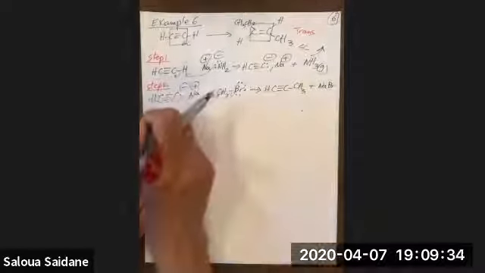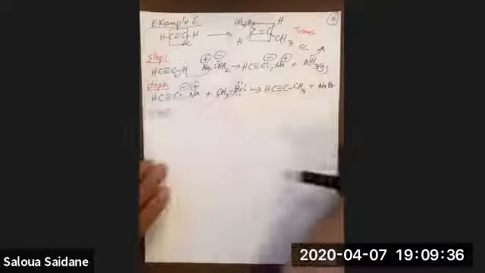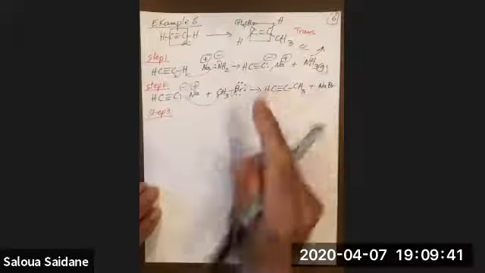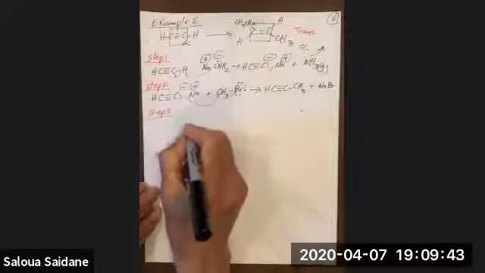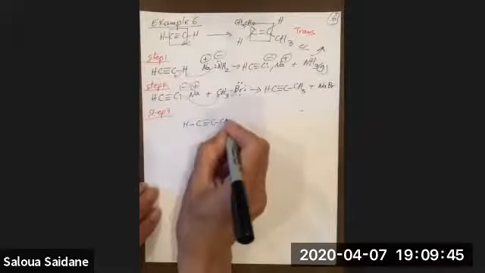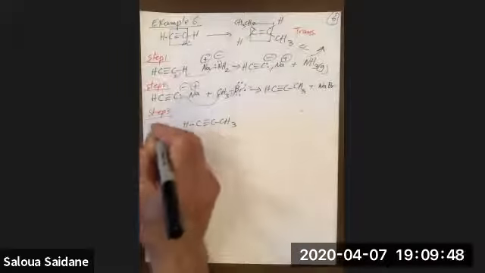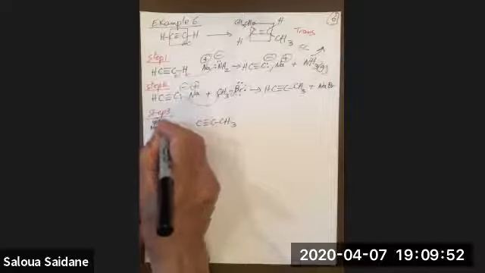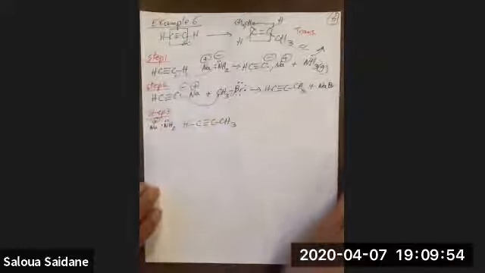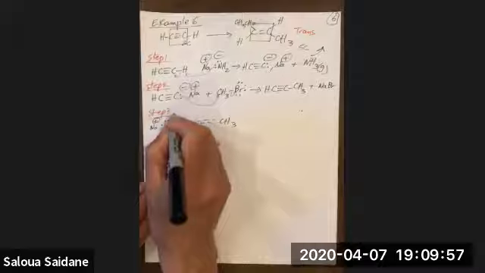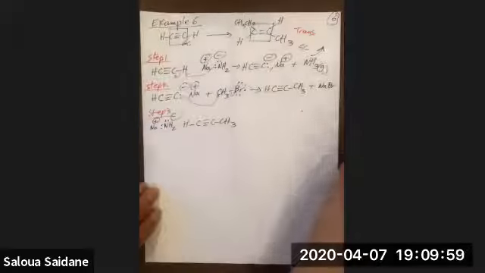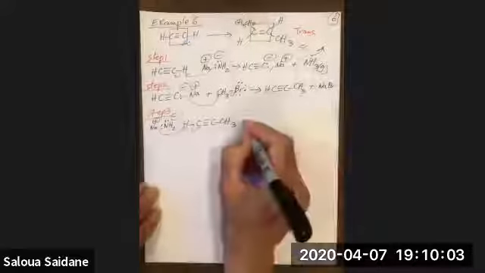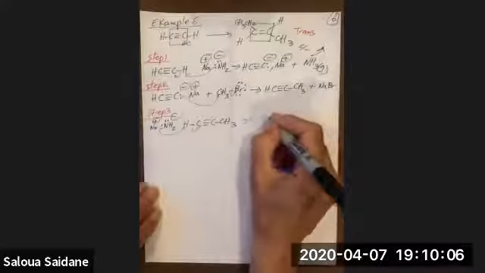So step 3, we're going to take this as our alkyne and remove the left H. So I'm going to write HC≡C-CH3, and I'm going to bring Na⁺ NH2⁻, and this takes this, and we're going to end up with Na⁺.